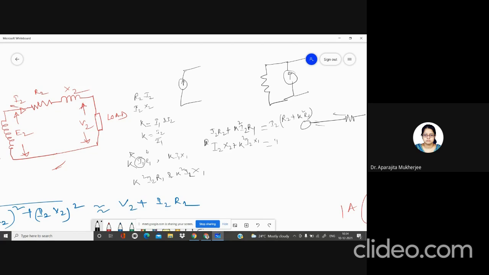Again taking I2 common, we write X2 plus K square X1. This will be the total resistive and reactive drop in a transformer referred to the secondary.